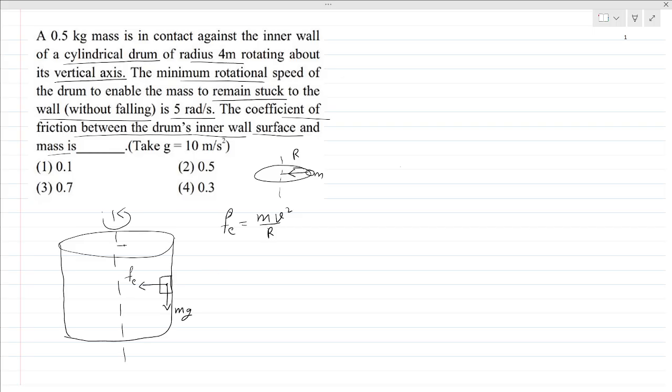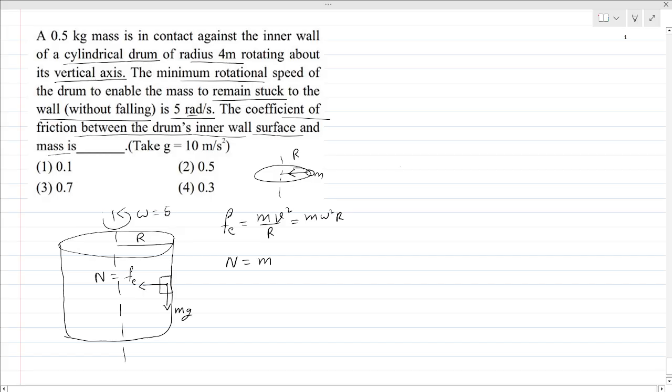If I take the radius as capital R, then Fc is nothing but the normal, right? So we can write the normal N equals m v square by r, or also m omega square r, because v equals omega r, and the angular velocity given is 5 radian per second. So therefore N equals m omega square r.